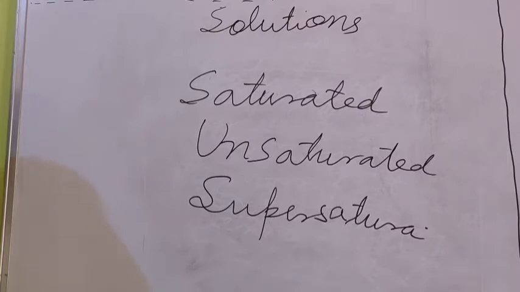Means after the formation of solution, there is no chance for the dissolution of any more solute. Unsaturated solutions are those solutions in which some more solute can be dissolved. And supersaturated solutions are those solutions which is at normal room temperature, and after decreasing the temperature of the saturated solution, some extra solute that can be settled down at the bottom, and then that is known as supersaturated solution.